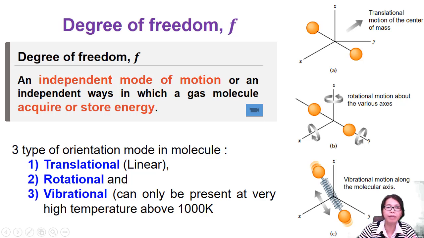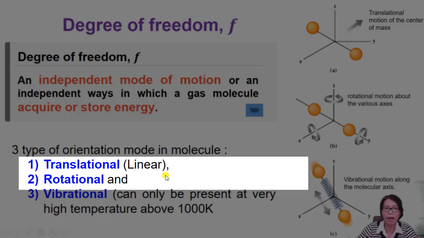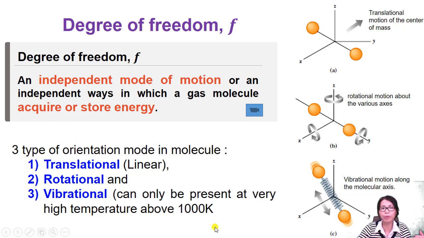So at ordinary temperature, we might only have translational, or linear, motion and also rotational motion. All these types of motion contribute to the degree of freedom of a gas molecule, how the gas molecule might store or acquire energy.